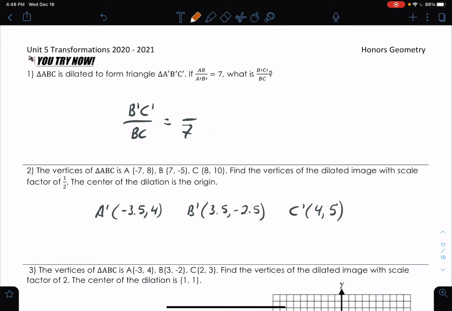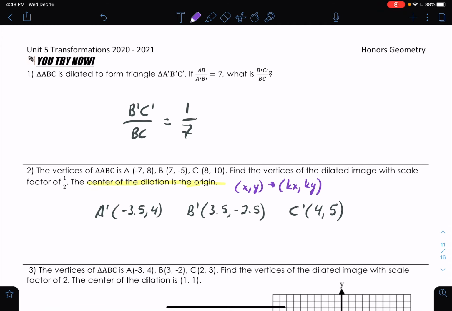There are your answers for 1 and 2. For number 2, because your center of dilation was the origin, that's why we were able to just take our coordinates and multiply them by the scale factor, because they were centered at the origin. That's the only reason why.